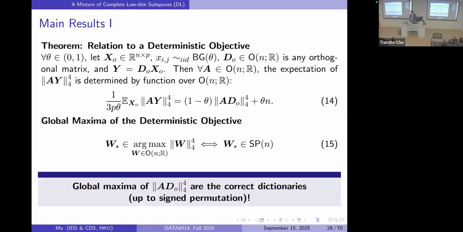So global maximum of D are the correct solutions up to sign permutation. That's it. Right. So basically, if you hit your data, minimize hit the matrix against your data Y, maximize our for norm, you are looking for precisely the maximum, the global maximum for that object function is exactly what you're looking for. Is the correct dictionary.